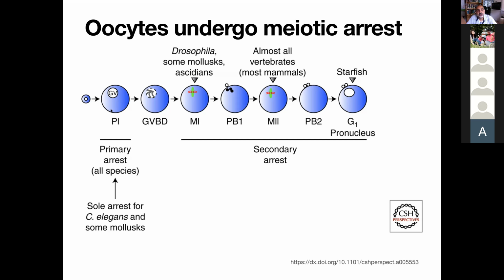That's thought to allow this arrested oocyte to break down its germinal vesicle and mature a little bit more so that it becomes arrested here, sorry, here in metaphase 2. Is that okay? Yeah, thank you.